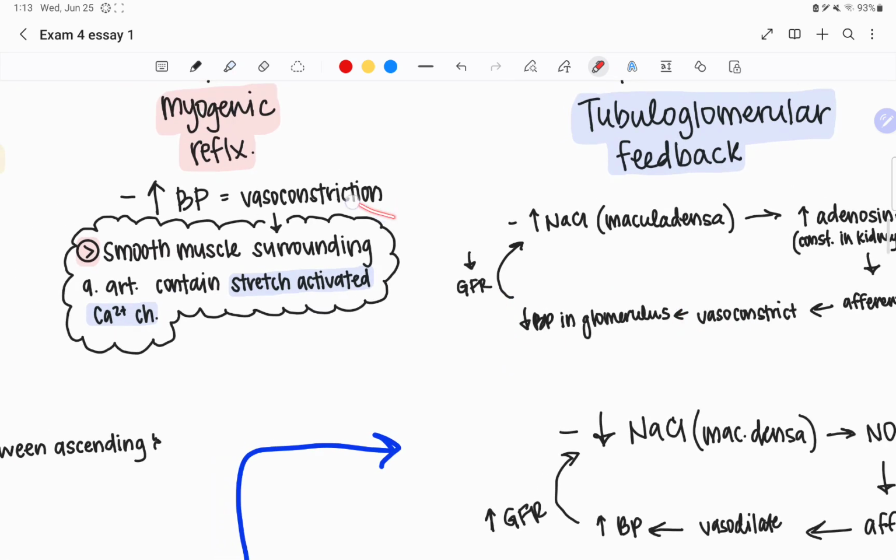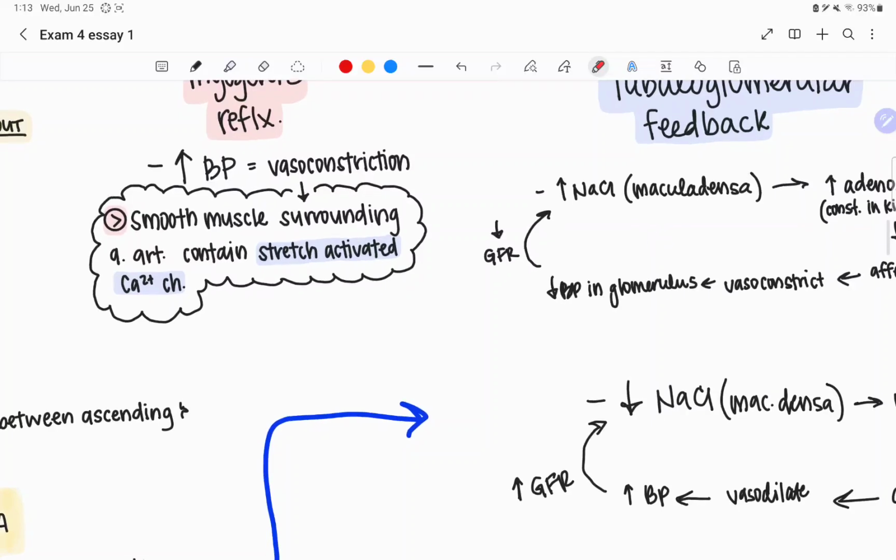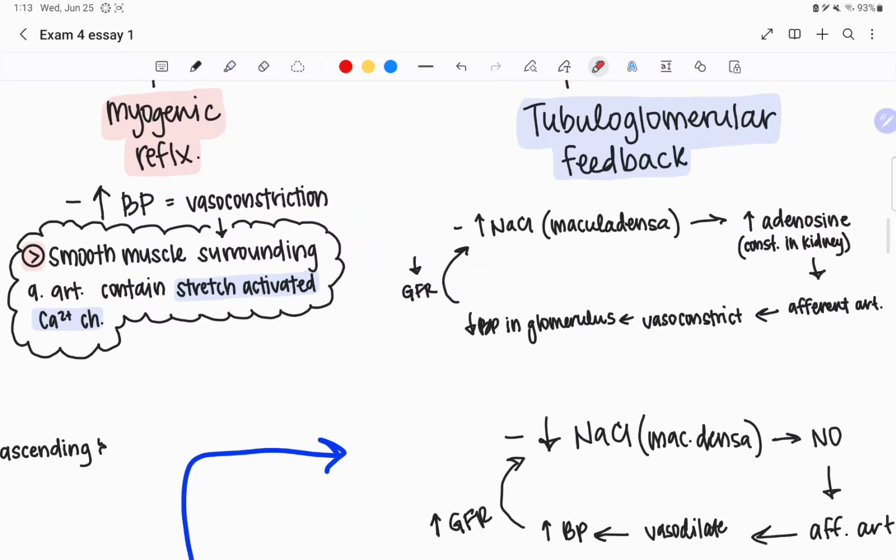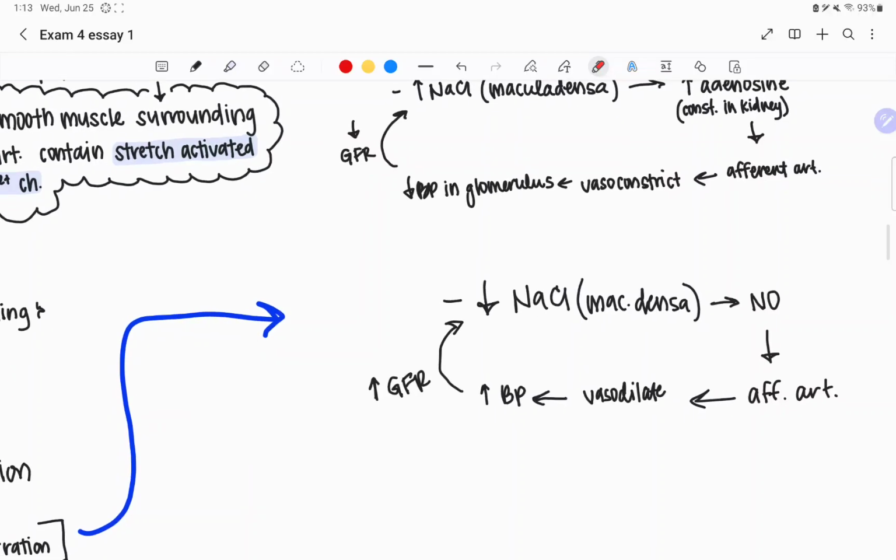So it kind of works in tandem with the myogenic reflex. Okay, it helps to lower our blood pressure, and that helps lower our GFR, the glomerular filtration rate, which we're going to talk about in a second. Now, if the macula densa senses a low sodium chloride, then it's going to release nitric oxide, which again acts on the afferent arteriole, causing vasodilation.